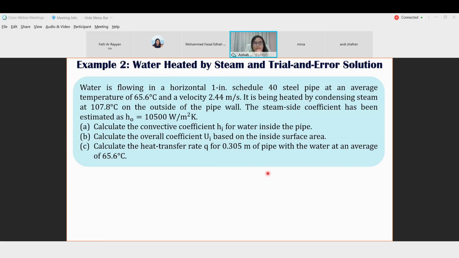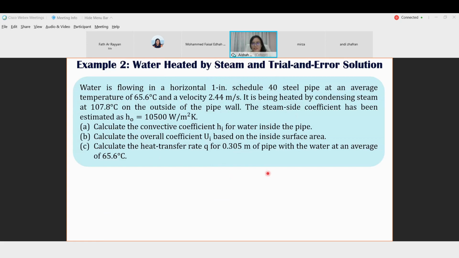What else? UI, correct. Then there is one more parameter that is given just now. Other than the temperature, we need the heat transfer rate Q, correct. Then also the length, if you remember, is given in the third part of the question, 0.305 meters. Okay, good job, guys.